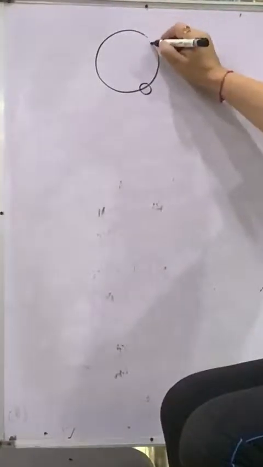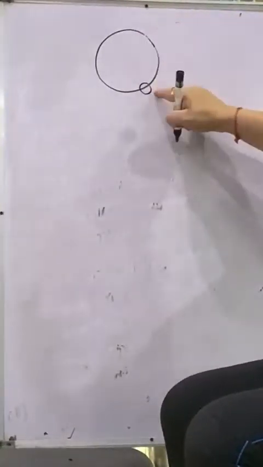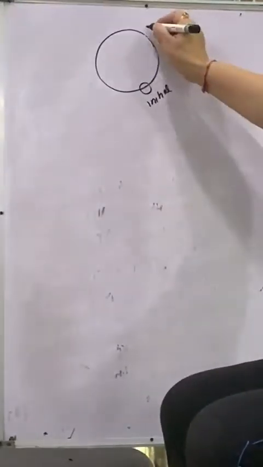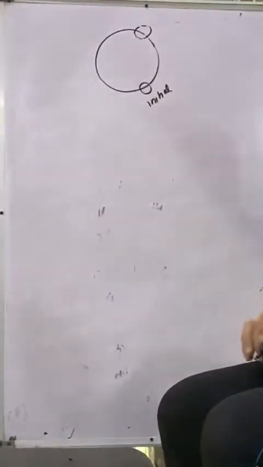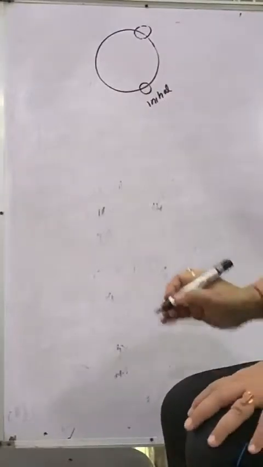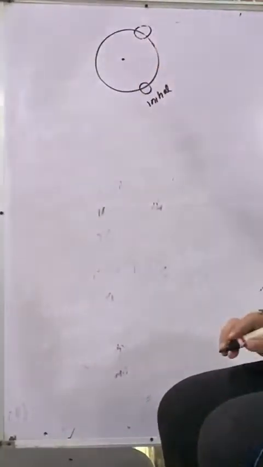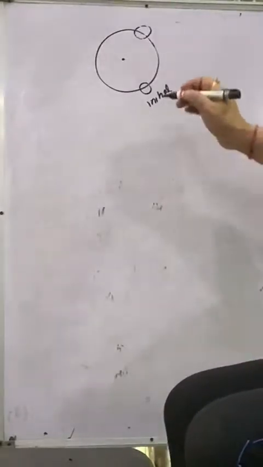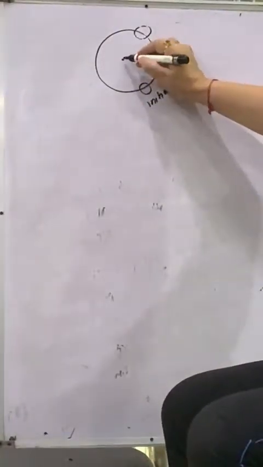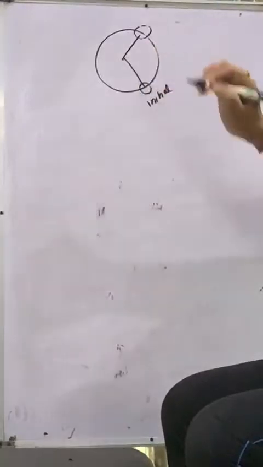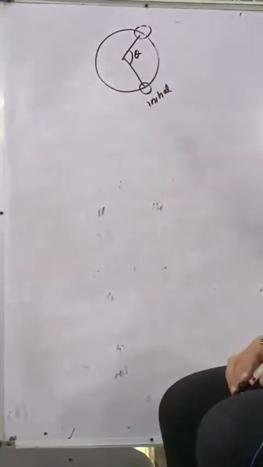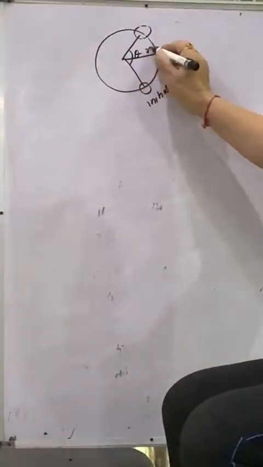See this one. The electron has migrated from this initial position to this final position, and this is the center of the orbit. If it creates an angle between the two positions, that angle is theta, with respect to the radius.